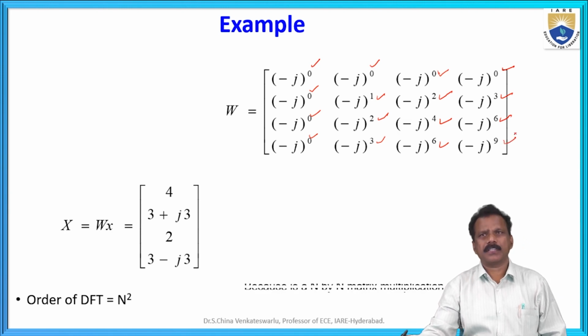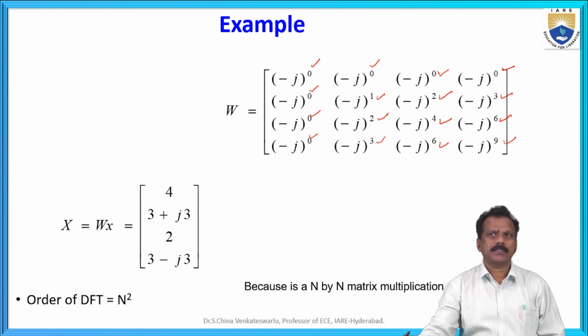These are the weighting function. Because X is equal to w x, here it is 4, 3 plus j, 3, 2, and 3 minus j3. The order of the DFT is N square because it is an N by N matrix multiplication.